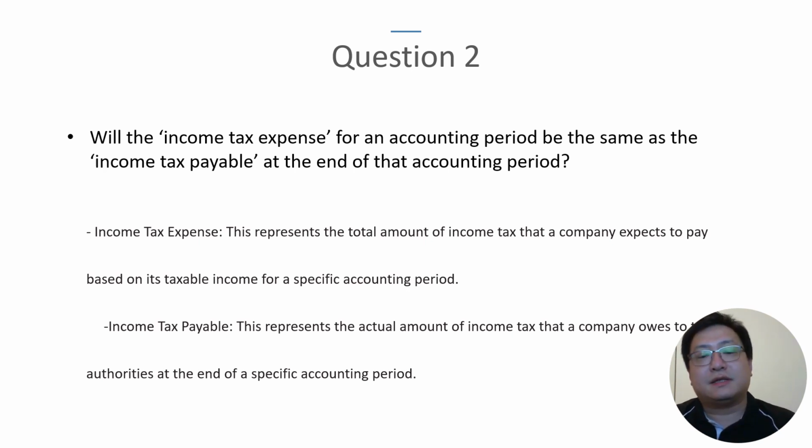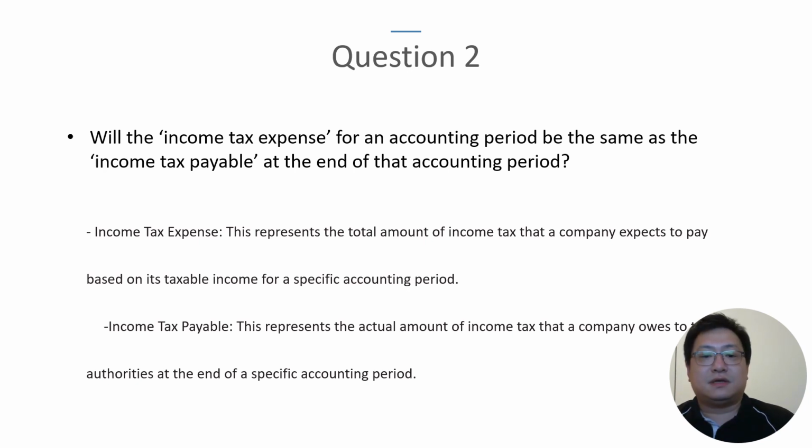On the other hand, income tax payable is the actual amount of income tax that a company owes to the tax authority at the end of the accounting period, often referred to as a tax liability.